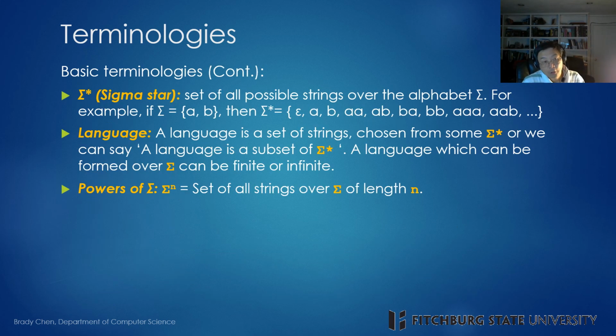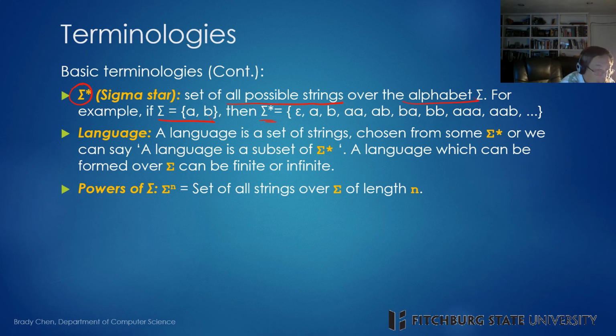Here are some more terms used in automata. Now, sigma star. Remember, sigma is a set of symbols, the alphabet. Sigma star is the set of all possible strings over the alphabet. For example, if sigma equals the set containing A and B, a set of 2 symbols, then what is sigma star?